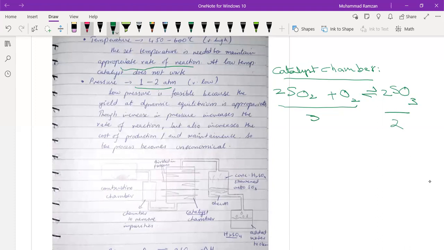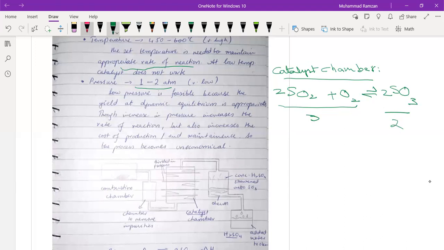High pressure is suitable in this case, like in the Haber process. But we are applying low pressure instead of high pressure. Why? To prevent it from reversing the products back to SO2 and O2?